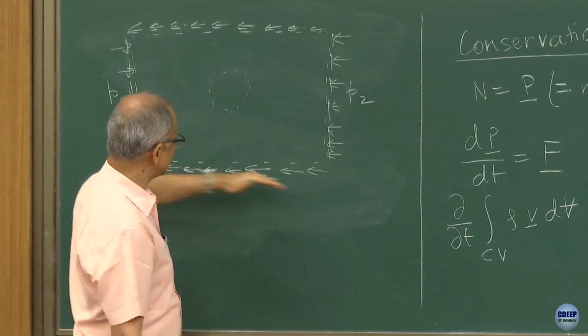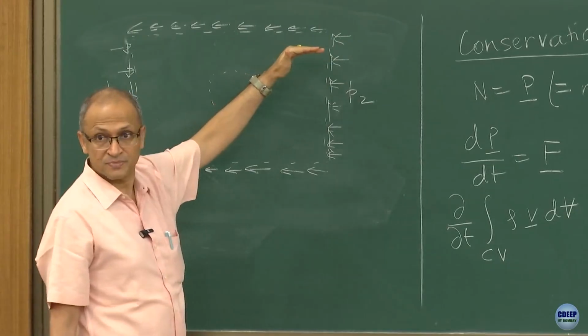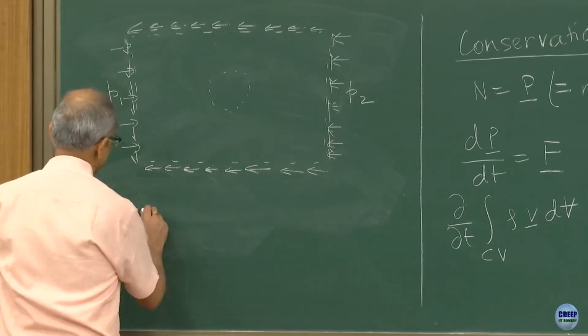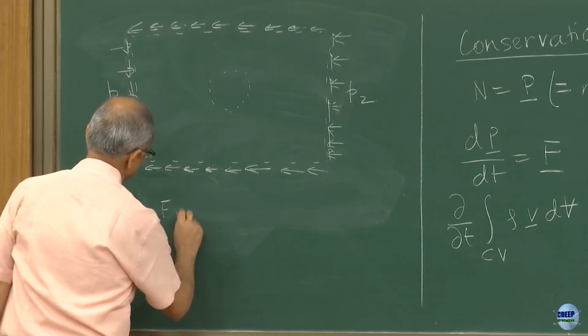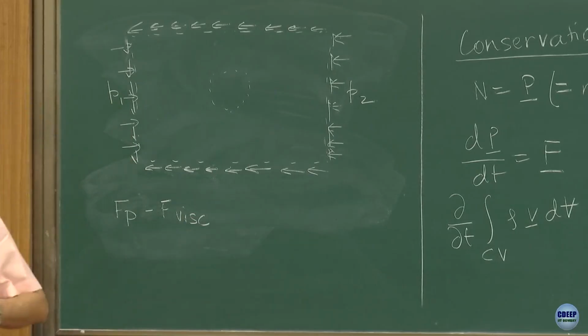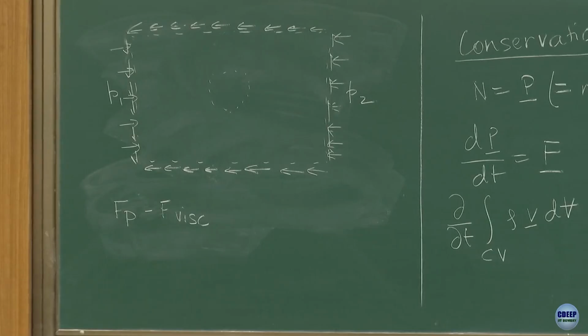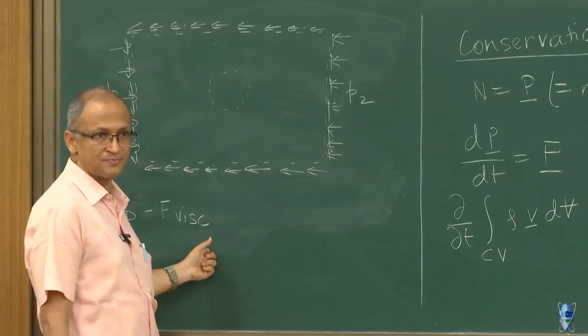I will only need to worry about viscous forces which are here on these sides. So there is some viscous force acting in the opposite direction, minus x direction. Earlier one was in the plus x direction. And this is the other force that we are looking at.